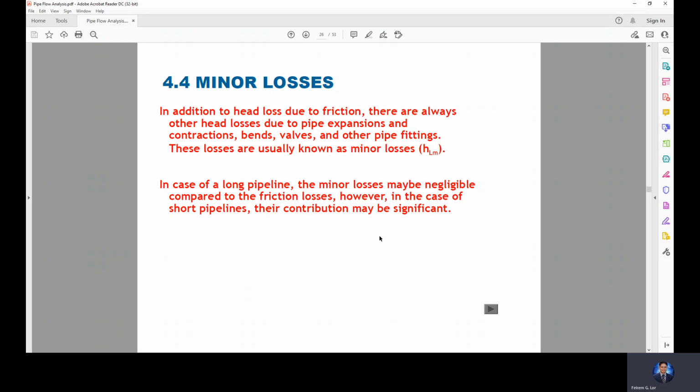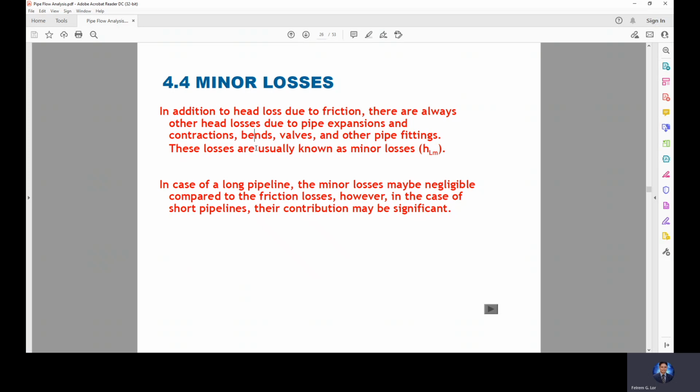For the minor loss, as I've said, we have what we call minor losses due to pipe expansion, from a small pipe connected to a bigger pipe. Contractions are from a big pipe connected to a small pipe, where the flow contracts. When the flow contracts, you have a sudden change of pressure and a sudden change of momentum.